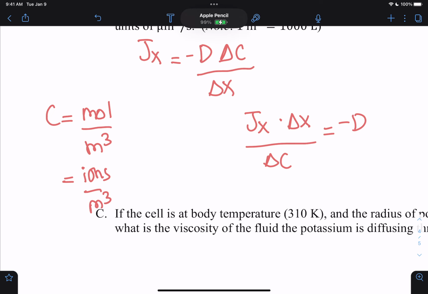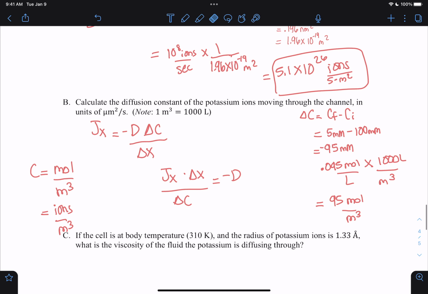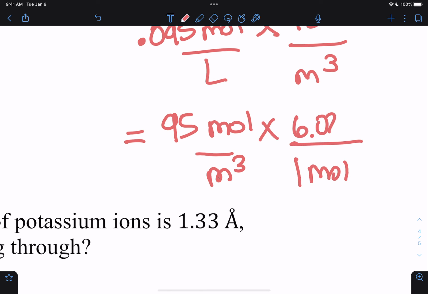So now, since we're talking about things in terms of ions, we're not talking about moles, right? We do still have to convert from moles to ions. So we take these moles and we just multiply by Avogadro's number. 1 mole is 6.022 times 10 to the 23rd ions, right?